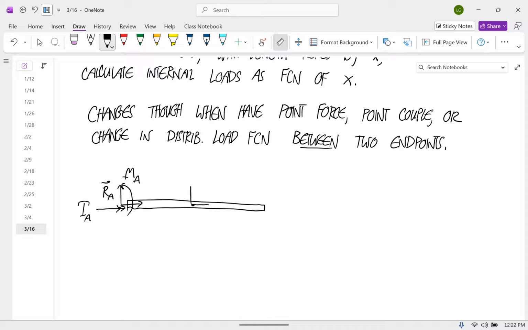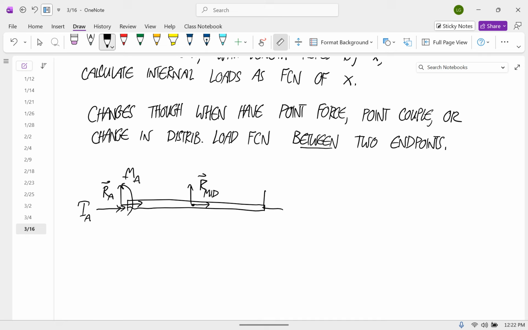We could think of it as R mid, but so I'm just going to write it as a force vector like that, but it could be a point couple, or it could be a change in the distributed load function.